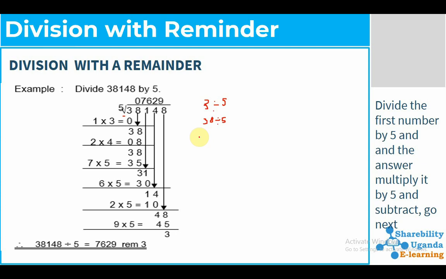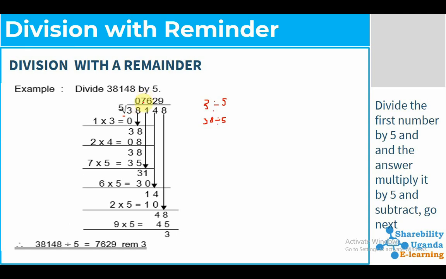This number cannot all go in, but we just get the number that goes there. 38 divided by 5, we get 7 remainder something. So we write our 7 here.